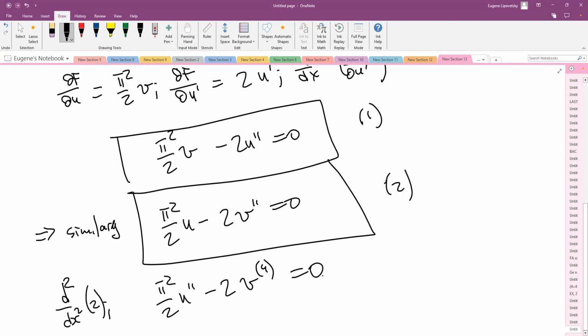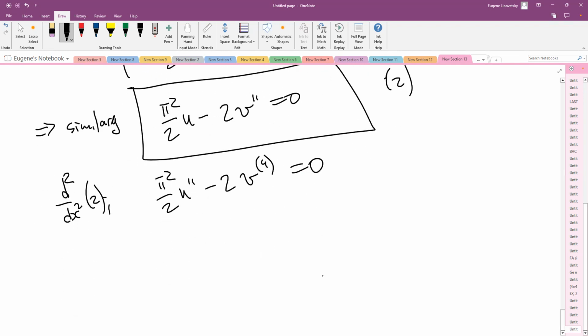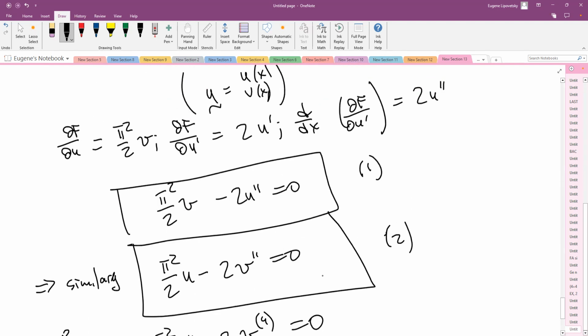Now, from equation 1, you have that u double prime equals pi squared over 4 v.